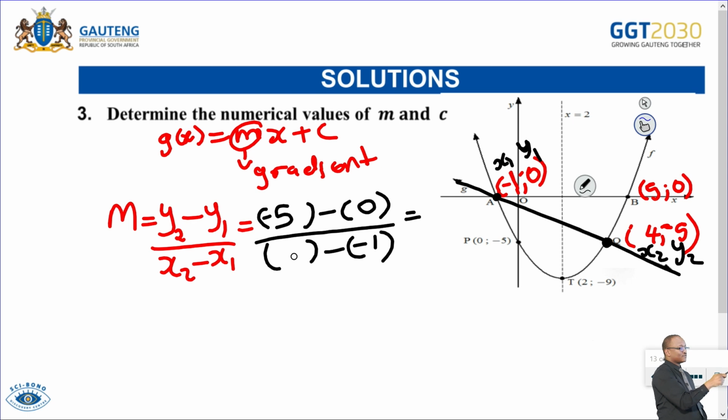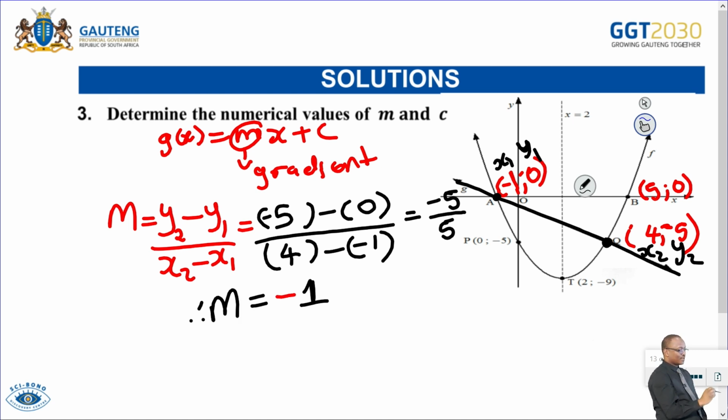It's not negative, it's 4. So now, we're going to have negative 5 all over 5. Correct. Then now, therefore, the gradient is going to be negative 1. Remember, your 4 is positive and your 5 is negative.